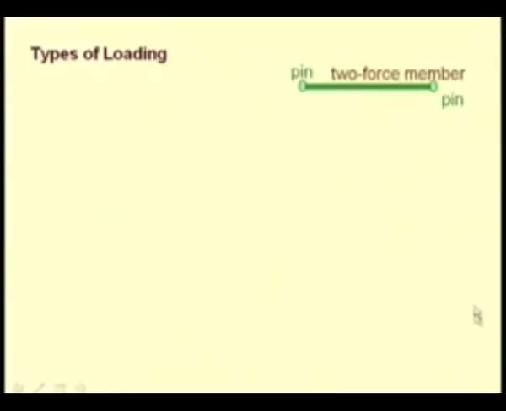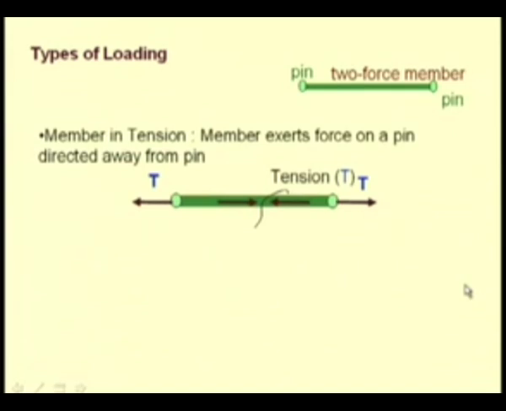Before we proceed to analyze the structure, that is the truss, we have to see what kind of loadings occur in the individual members of the truss. We have seen already that these members are two force members, and thus they can either be subjected to a tensile force. This picture shows that tensile loading. You have the two pins connected at the extremities of this two force member, and the externally applied load or the loads from the other connected members pull this member at the two joints.